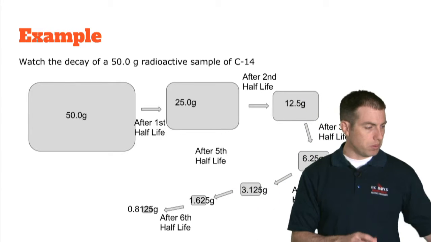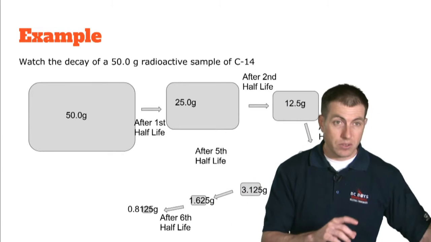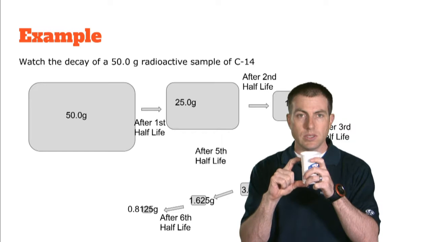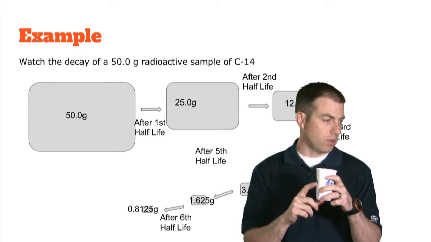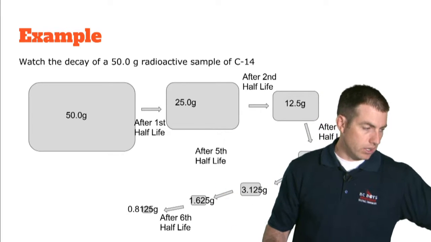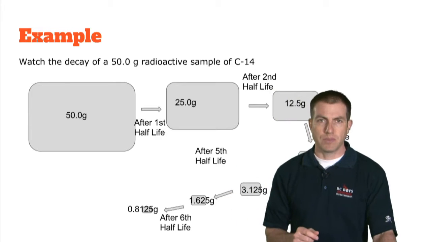Now, when we're talking about samples of elements, if I had a cup with 50 grams of carbon-14 in it, there would literally be trillions and trillions and trillions of atoms in this cup. So when I'm talking about dividing the amount in half, I can just keep dividing it almost forever. But you run into a problem.